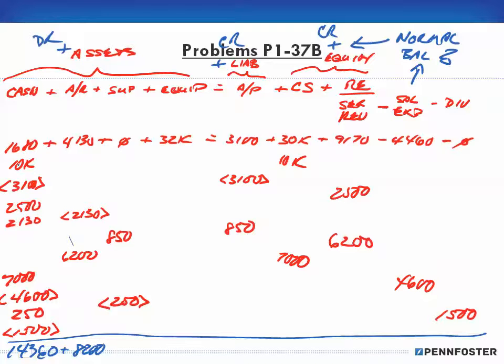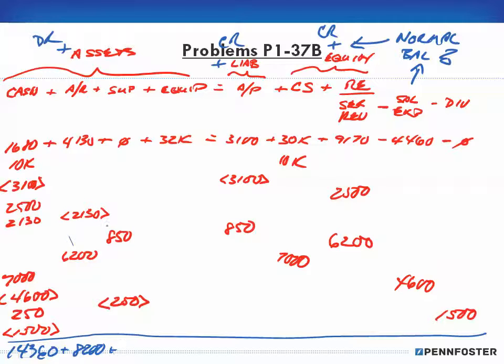Let me just quickly back up. Cash is the beginning balance of 1,680 plus 10,000 less 3,100 plus 2,500 plus 2,130 plus 7,000 less 4,600 plus 250 less 1,500, and that gives us 14,360. For our accounts receivable, it's 4,130 less 2,130 plus 6,200, which gives us 8,200.